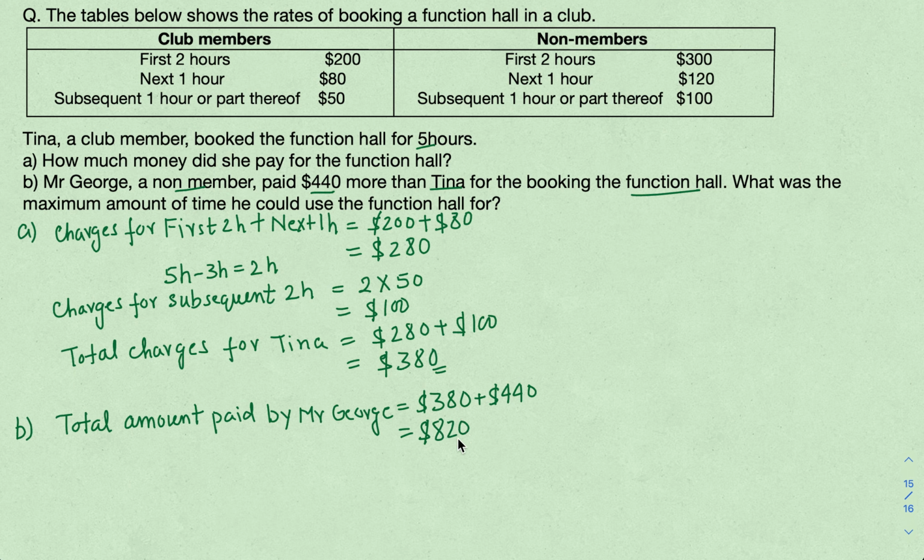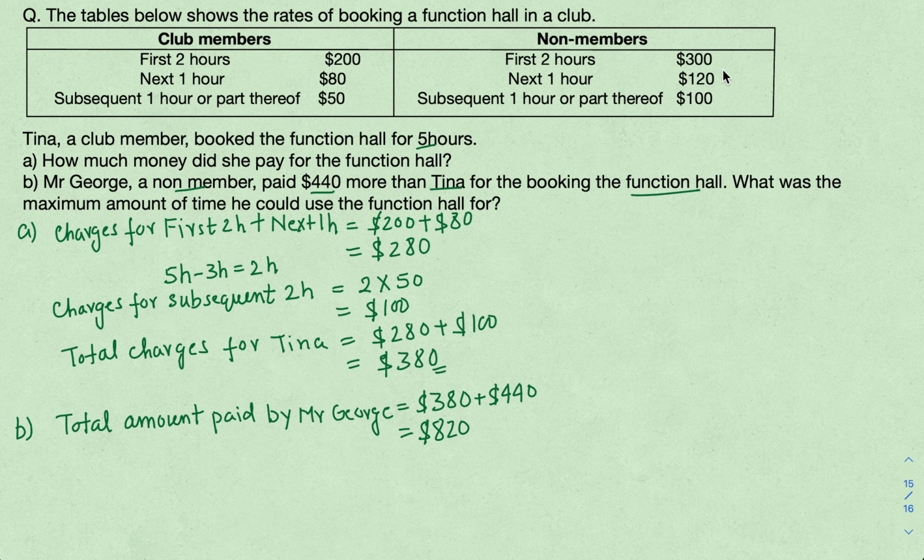That means Mr. George in total has paid $820. And out of this 820, we know that the first 3 hours' charges are this much. The first 2 hours is 300, for the next 1 hour it's 120, so together it will be something like 420, still less than 820.